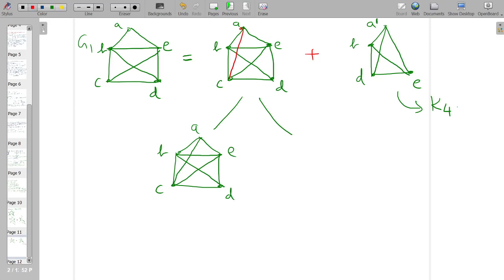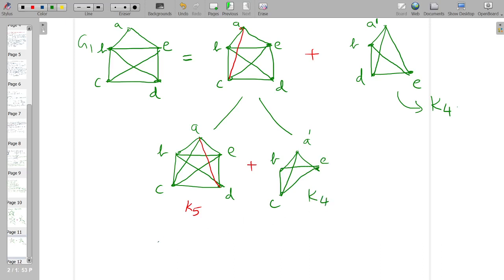I join A and D. So this gets reduced to K5, the complete graph on 5 vertices, plus, okay. Now what will happen to this? Now I have joined A and D, so I will have another vertex, say A dash. B is adjacent to this, B is adjacent to C, A is adjacent to C. Now I joined A dash and D, so now I will have E here. E will be adjacent to this, B is also adjacent to E, this will be K4.